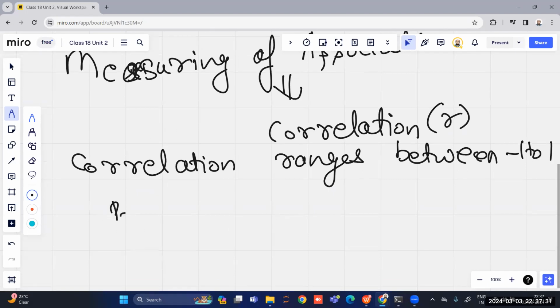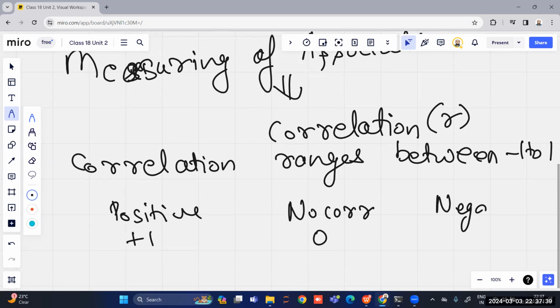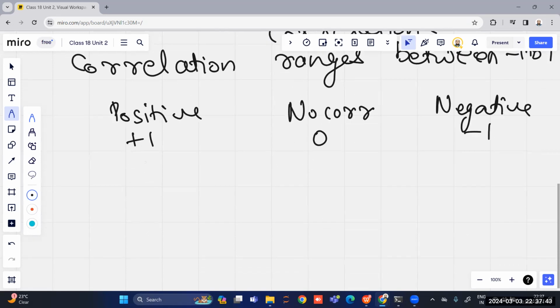As I told you yesterday, for positive correlation it's +1, for no correlation it's 0, and for negative correlation it's -1. If it is exactly +1 or near +1, it is strong.